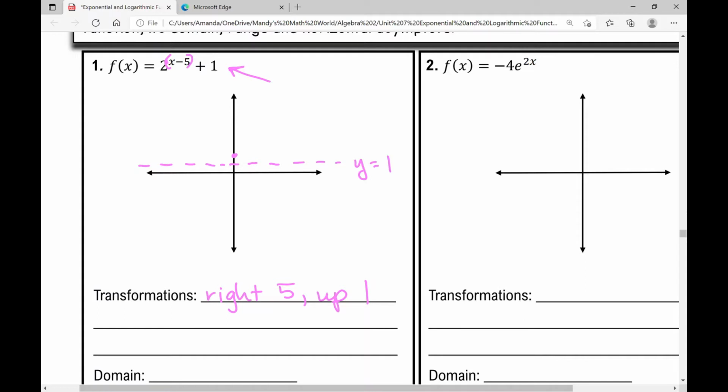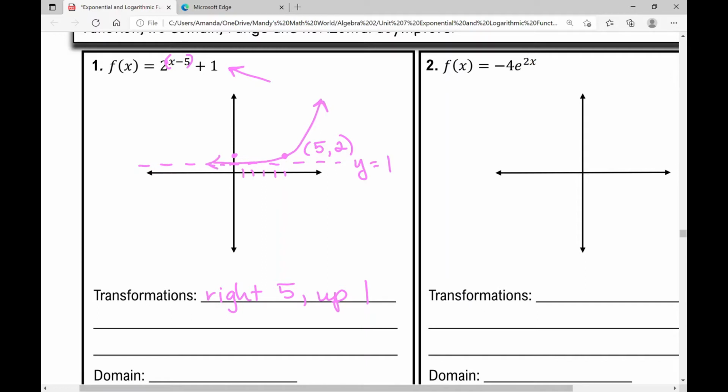But if we shift this entire function to the right 5 units, 1, 2, 3, 4, 5, now that key point is right here. What is that key point? It's not (0, 1), it's going to be (5, 2). So now we can just graph this function like this. It looks the same.